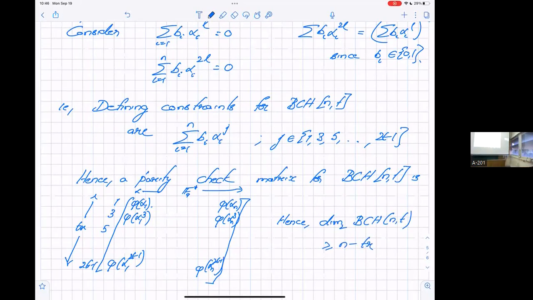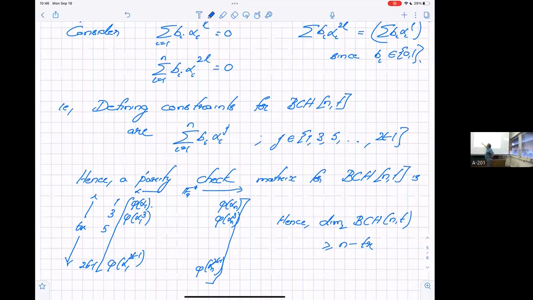You save a factor of 2, and that's important. It's like a trivial factor, but n is so large that whether it's tr or 2tr shows you how close you're coming to the Hamming bound. And if you now stare at this, it should be clear why the t equals 1 case is the Hamming bound.